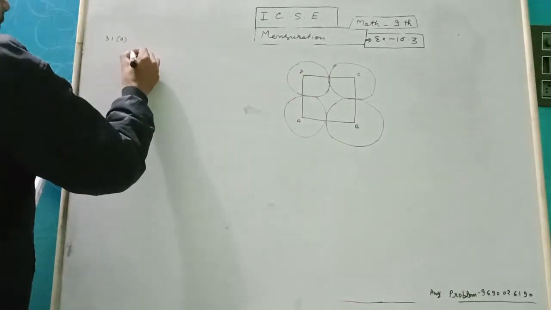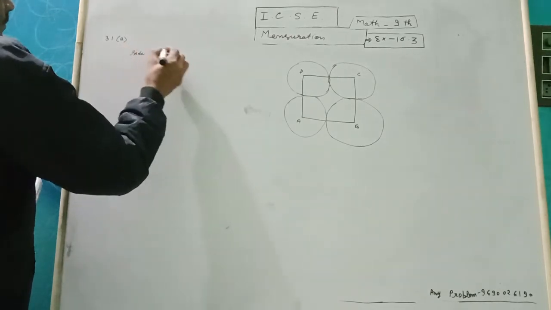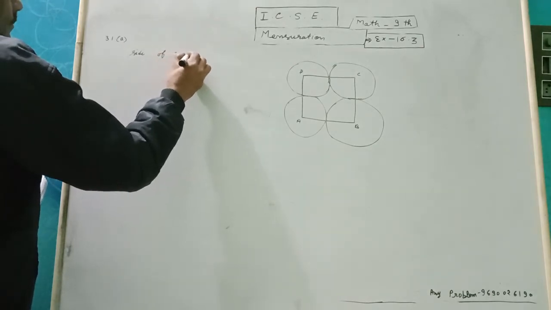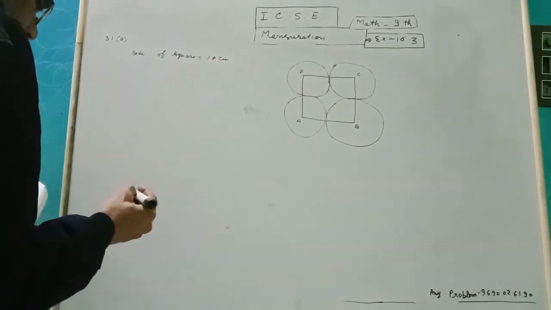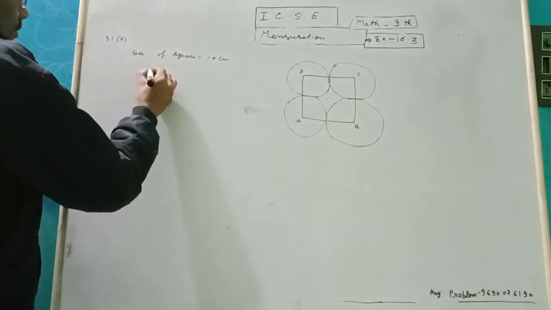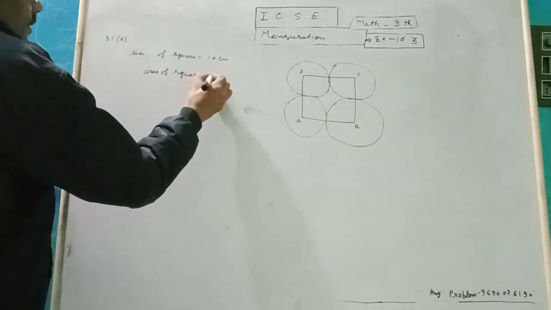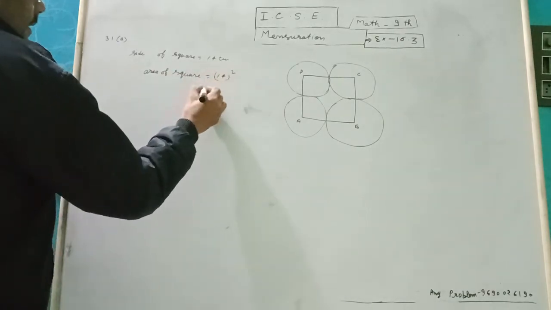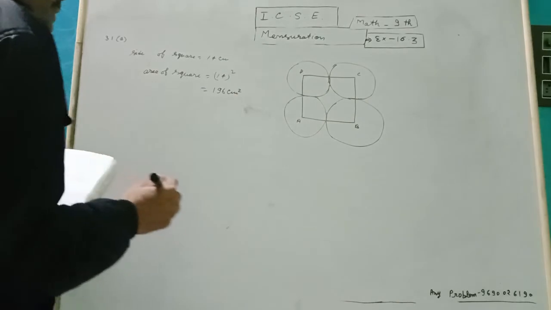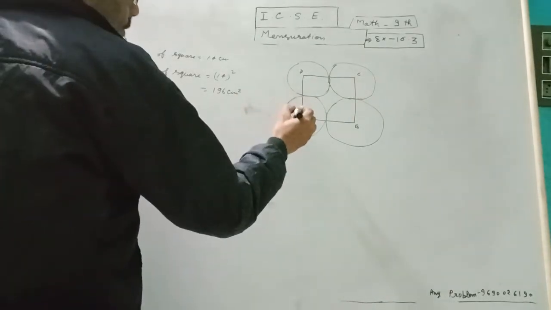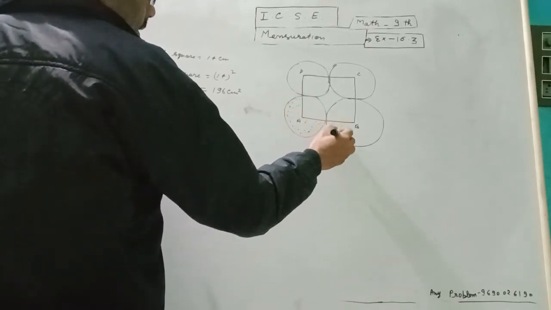Side of square is 14 cm. Area of square is 14 square, side square is 196 cm square, the area of square. Dotted part is the shaded part.